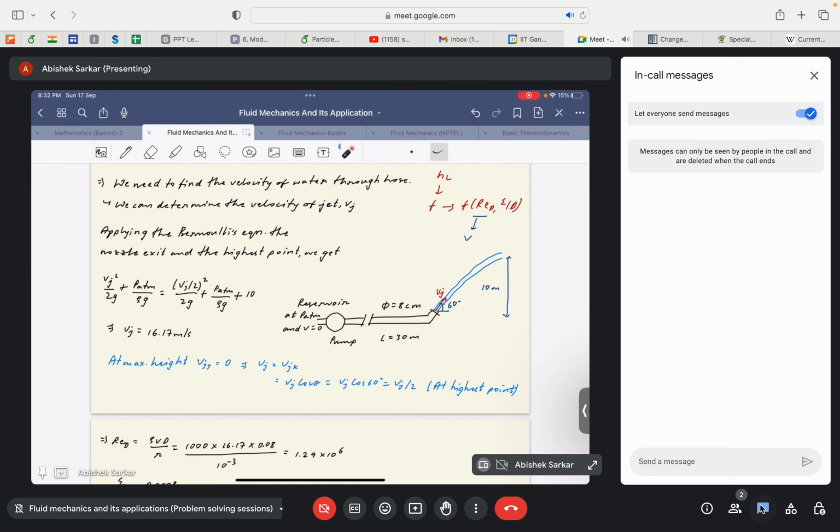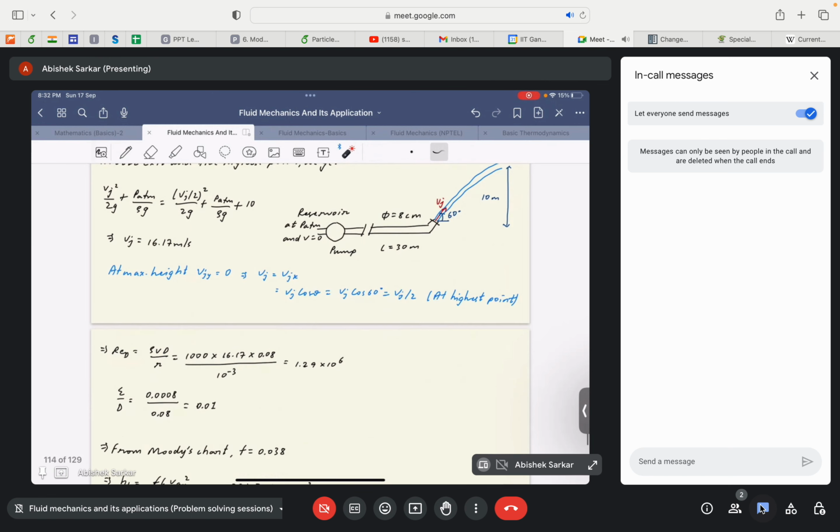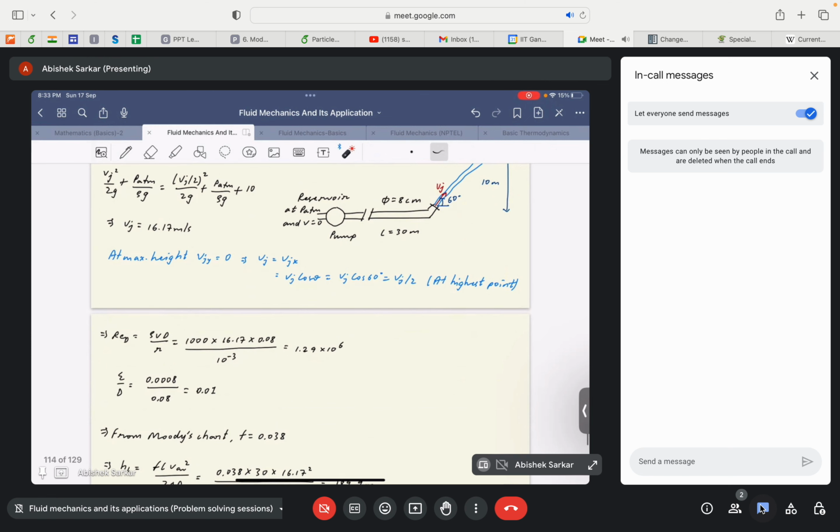So from that, as I told, the same algorithm: since velocity is known, now we can determine the Reynolds number, since diameter is also given. From the value of this Reynolds number and the surface roughness, we can now look into the Moody's chart. I guess this has been discussed in Professor Gupta's lecture. This is a very standard chart that is used to determine the value of the friction factor in the case of turbulent flow.